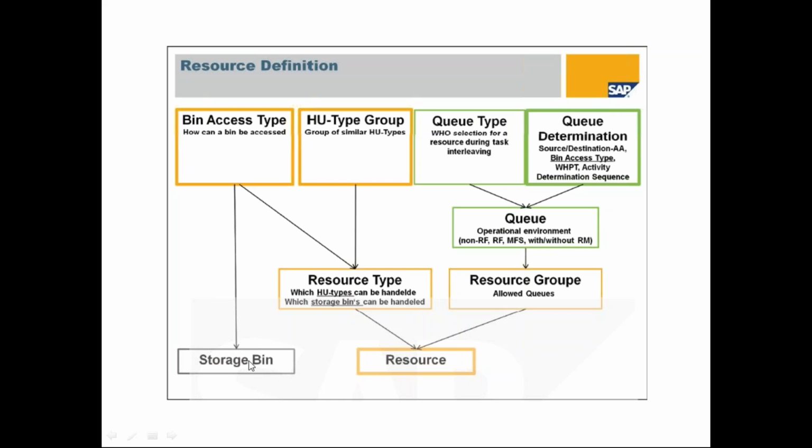A resource is getting the queue on one side and accessing the storage bin on the other. Now, in this orange box resource, on the right side he is assigned to a resource group, queues and so on. He is getting the work. On the left side, with reference to the resource type, he can access the respective storage bins.